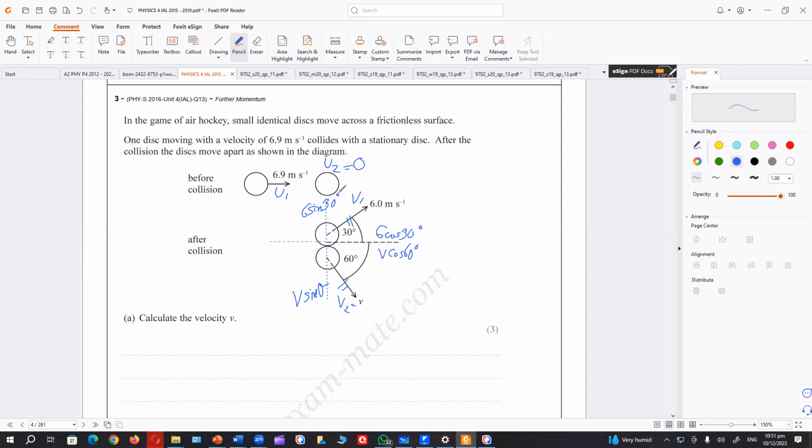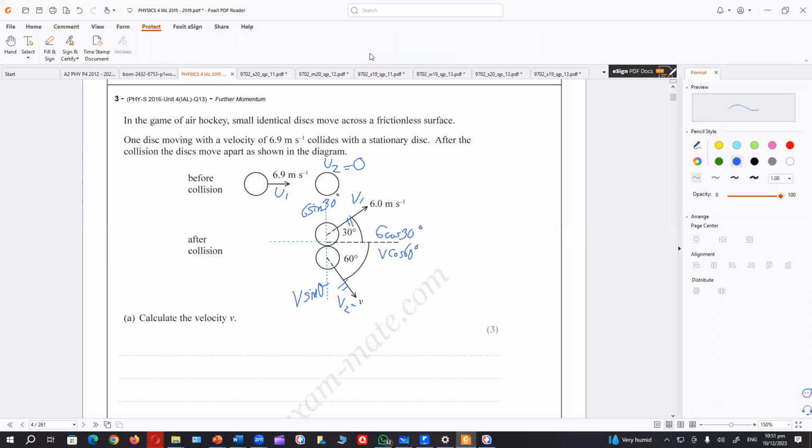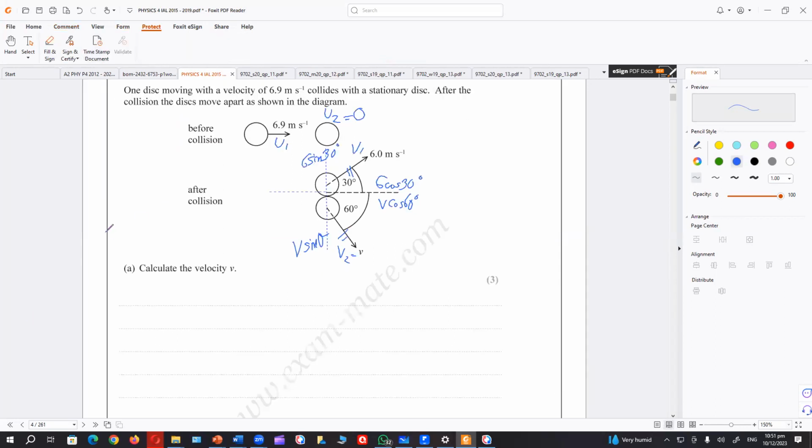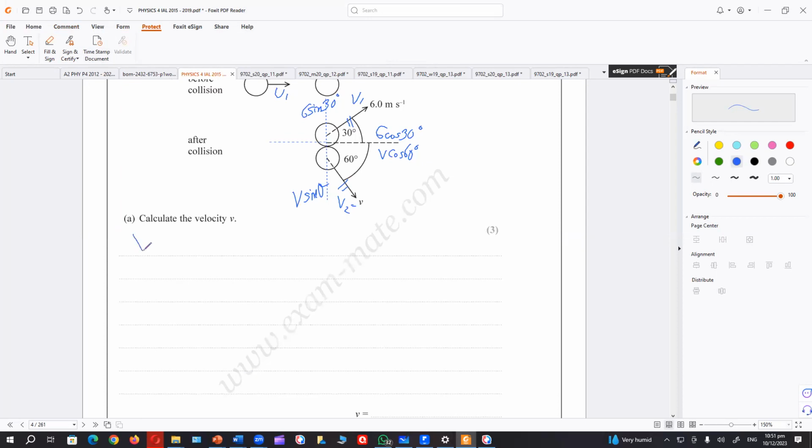So now after resolution, I have to apply the formula for the x-axis and for the y-axis. Let's work out our x-axis working. First, I'm making the equation for the x-axis. What's the main formula of this article?